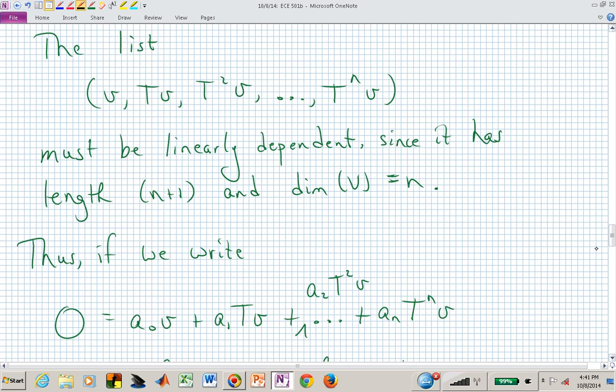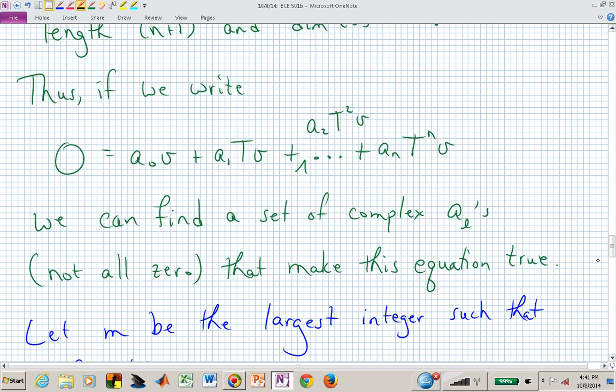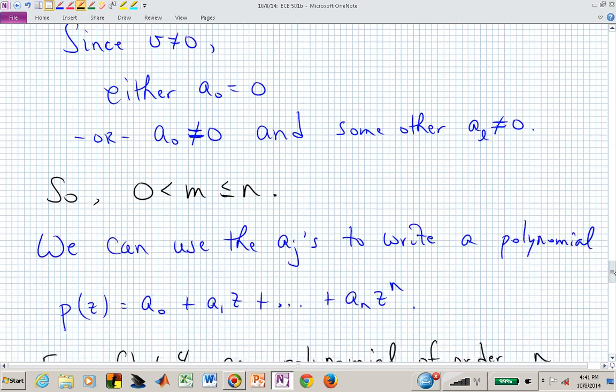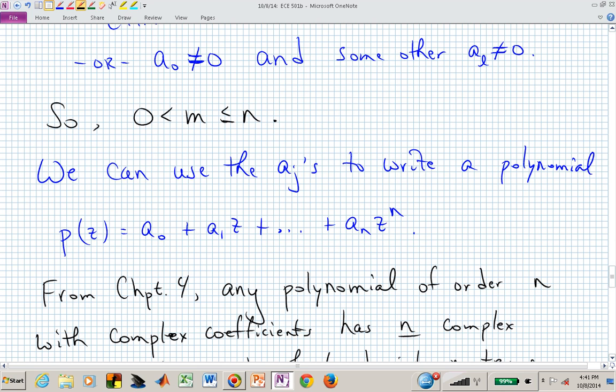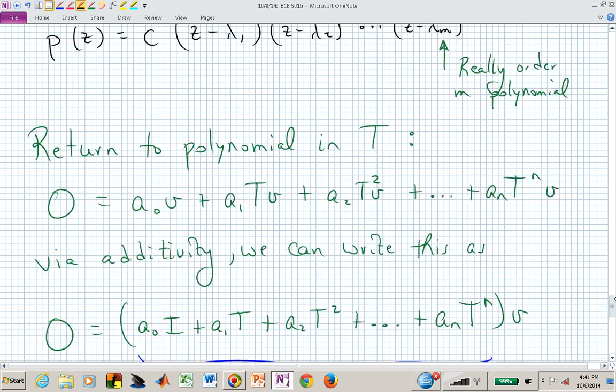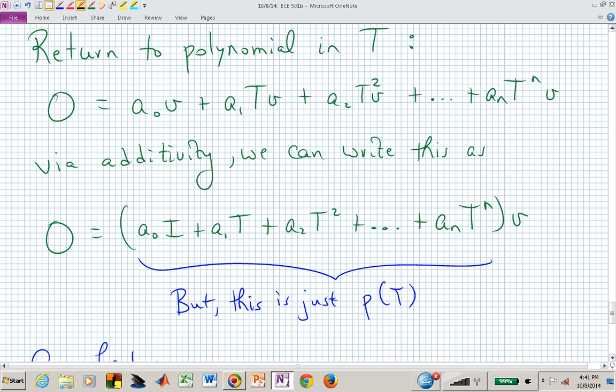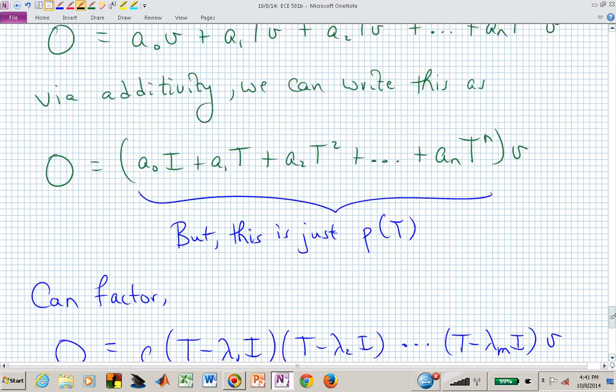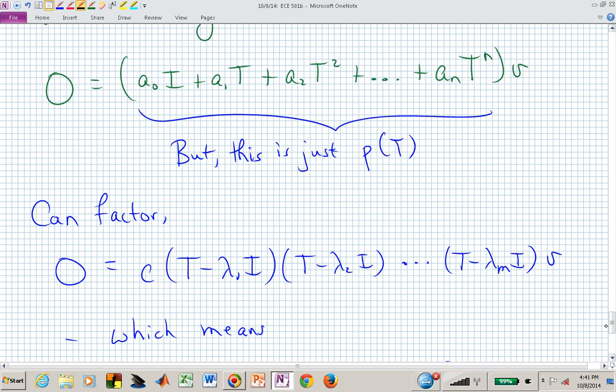And we showed that by working with linearly dependent vectors, finding complex scalar coefficients that you can sum to 0, then knowing that you have some nth order polynomial, and knowing this algebra fact that you can factor that, we can then relate that polynomial in z to this polynomial in our operator T, and conclude that that is factorable, just like the polynomial was factorable.